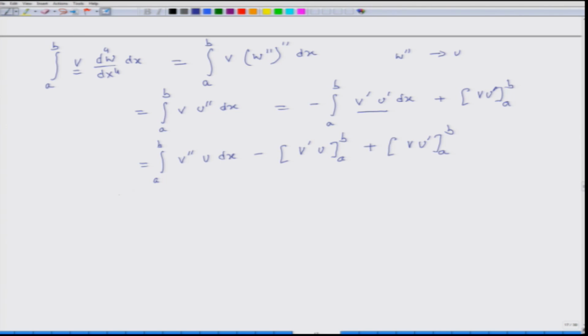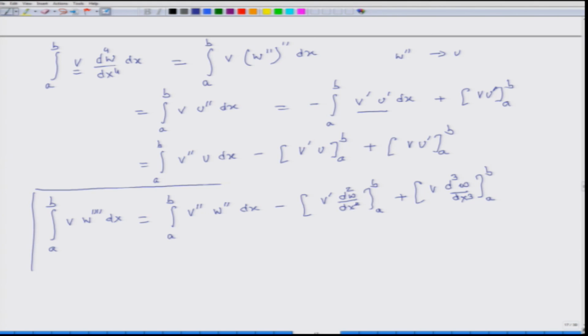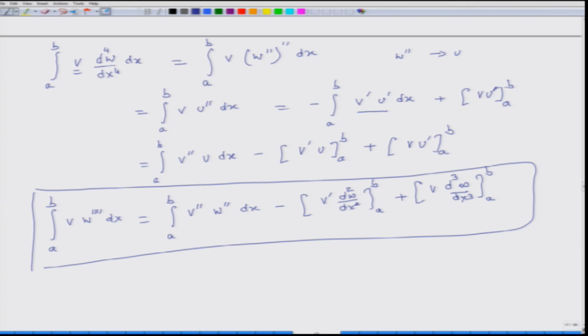And now what I do is I replace U by W. So, I get integral A to B V double prime W double prime dx minus V prime dW over dx A to B plus V d2 over dx square, oh actually this should be cube, A to B. So, I will write down the left side also.